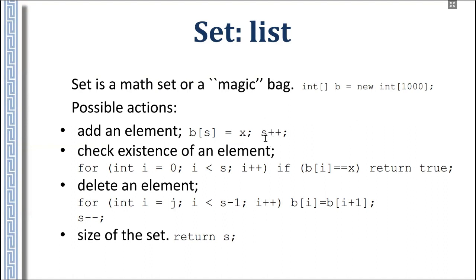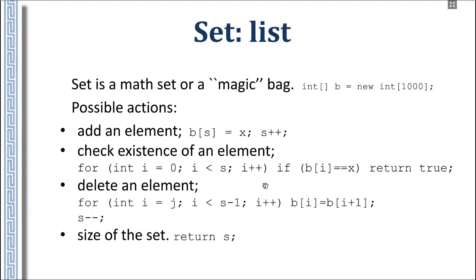So S is the size of our set, and if we have S elements, from 0 to S minus 1 are elements in our array, then we can add a new element just writing element X at index S and increasing size by 1. Then if we want to check existence of an element, we just check all elements from 0 to S minus 1. And if the considered element is X, then we return true. Otherwise, in the end, we return false.